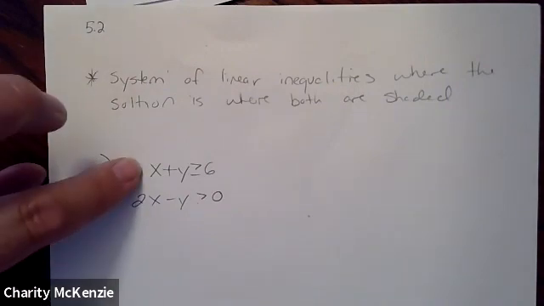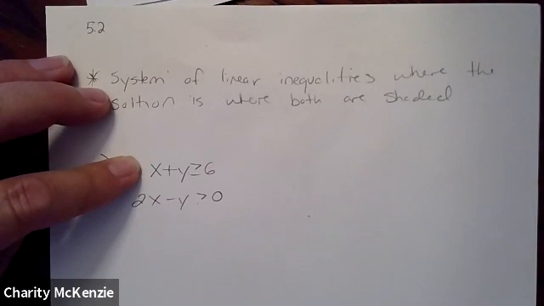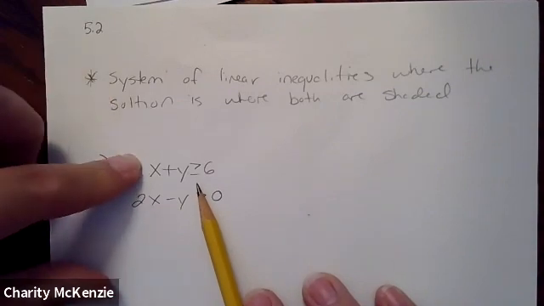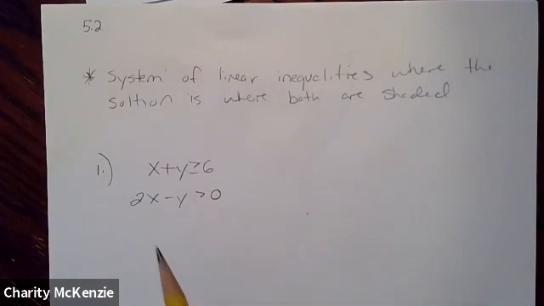So for this top one, what we're going to want to do is solve for y first, and that will help us with knowing if it's greater than or less than and seeing the slope to graph it using the slope and the y-intercept. If you graph it using a chart and points, you can do that. It's just hard because if you have a negative in front of the y like this, if you solve, it actually switches the symbol and it makes the shading a little bit harder.